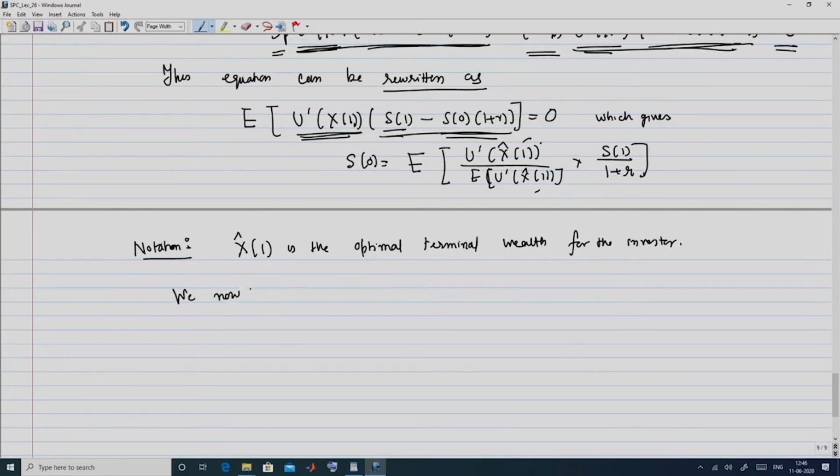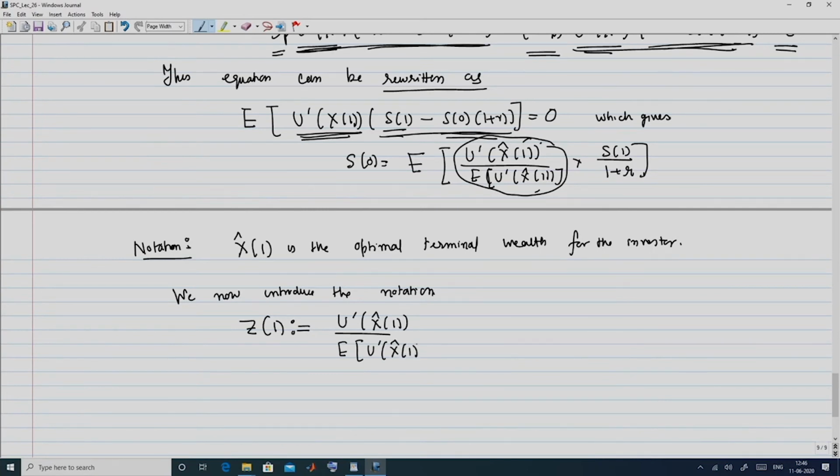So, we now introduce the notation, and we will call this expression here. Since this depends on time 1, let us call this some z of 1, and this is defined as u prime of x hat of 1 over expected value of u prime of x hat of 1. So, this implies that if we take the expectation, the numerator and denominator will become identical.